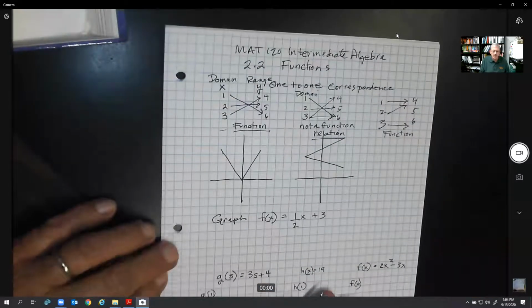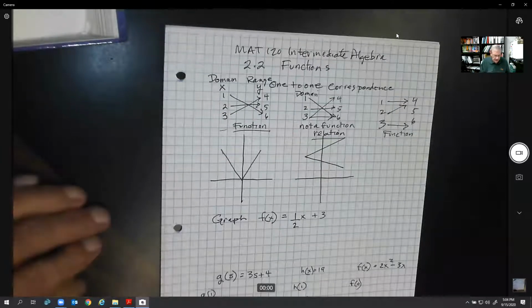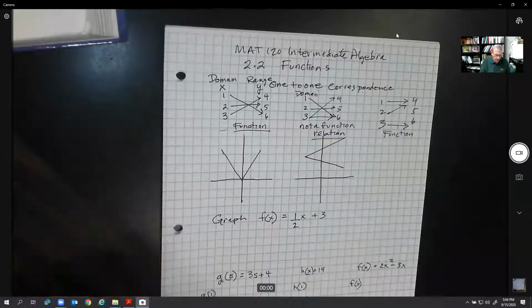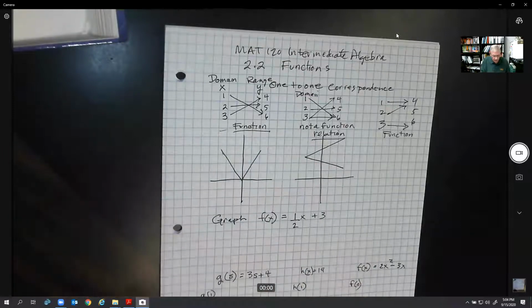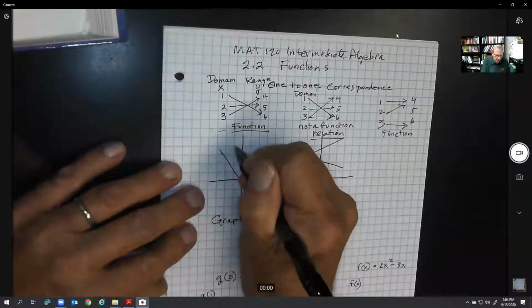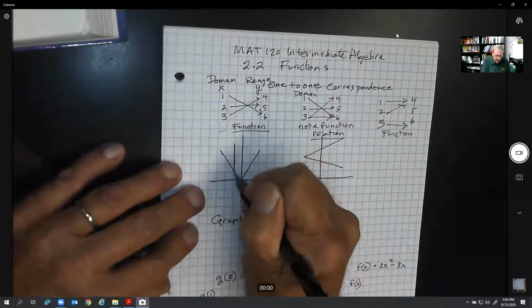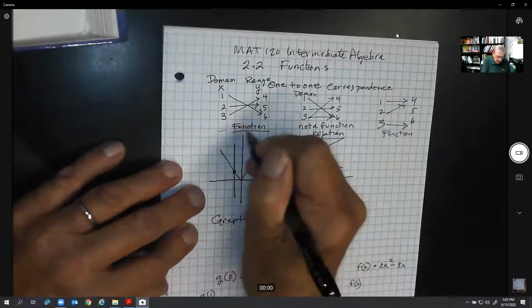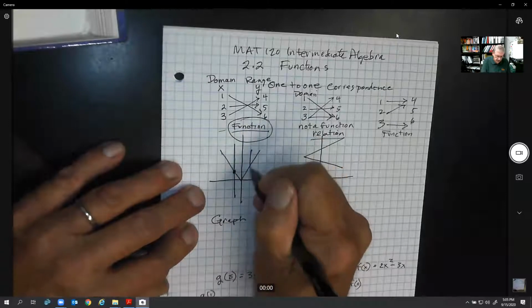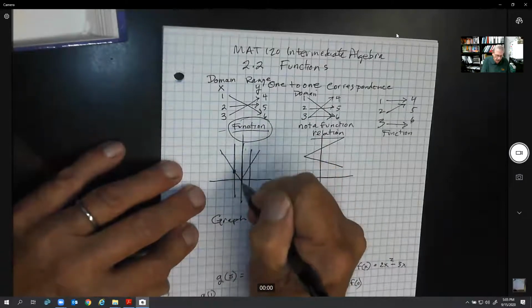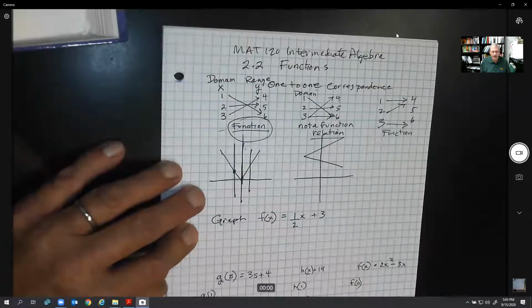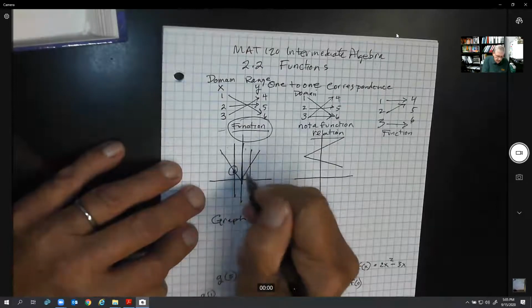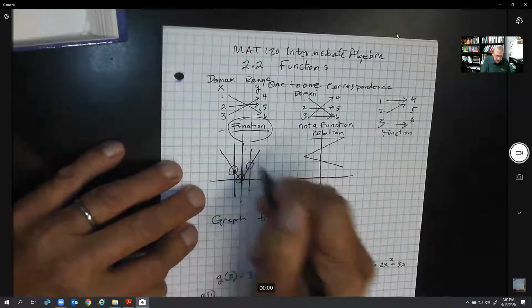We can also observe it by a graph itself. If we draw a vertical line, and you're probably familiar with this, and it crosses the graph at only one point, then it's a function. So this is a function. No matter where we draw the line, it only hits the graph one time. One time, one time, one time.